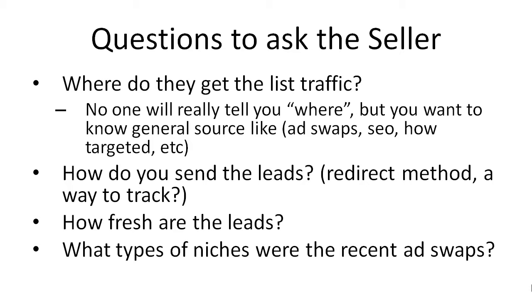So if you have people that signed up for WordPress, for other types of blogging, for WordPress plugins, that's a good list to go in if that's what you want to go into. But if their list deals with something totally different, then you may want to avoid sellers if you feel like the niches that they're doing ad swaps in don't really relate to your own niche that you want to build the list around.